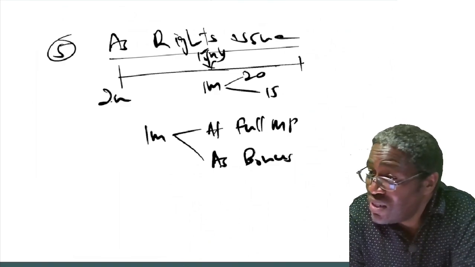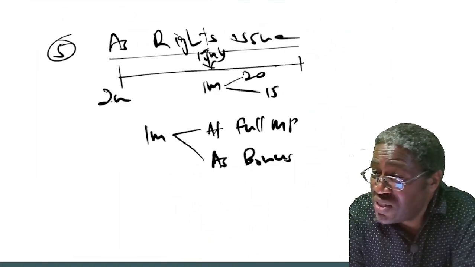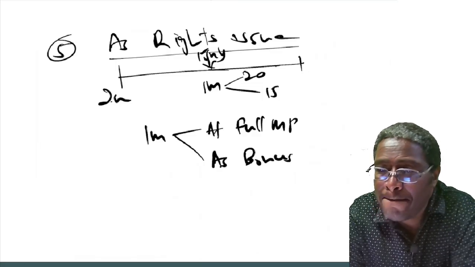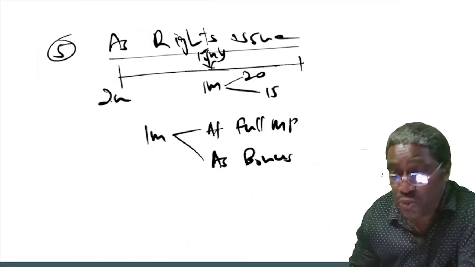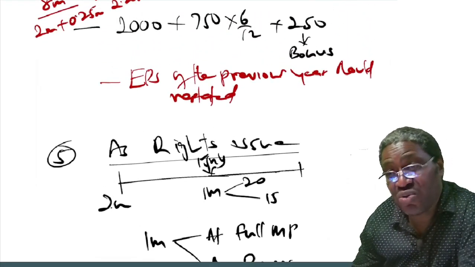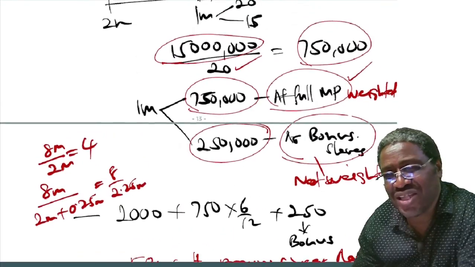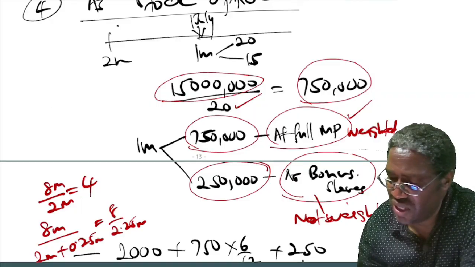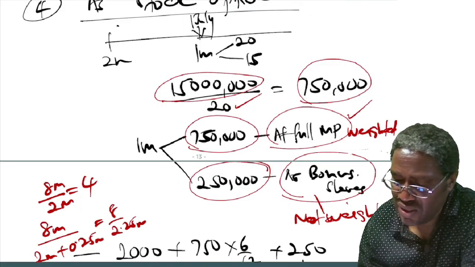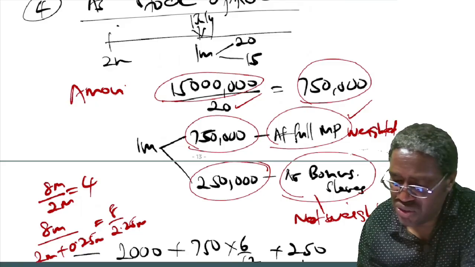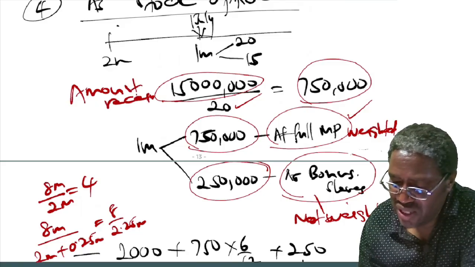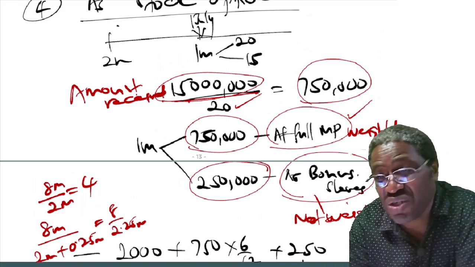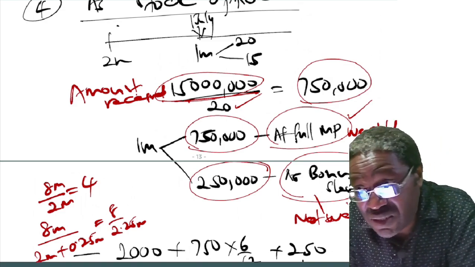Do you determine them the same way we determined the ones for stock option? The answer is no. When it was stock option, I took the amount received, 15 million, and divided that by the market price per share to get the number of shares deemed to be issued at full market price.